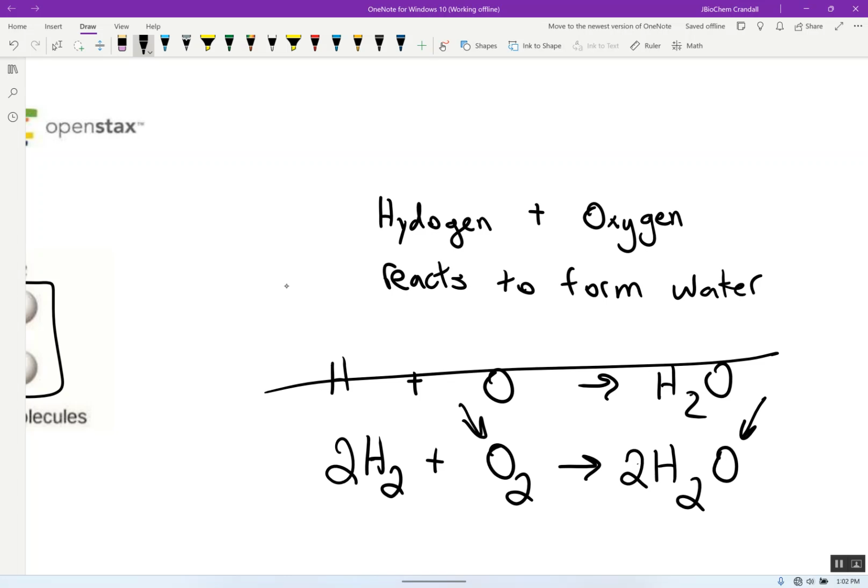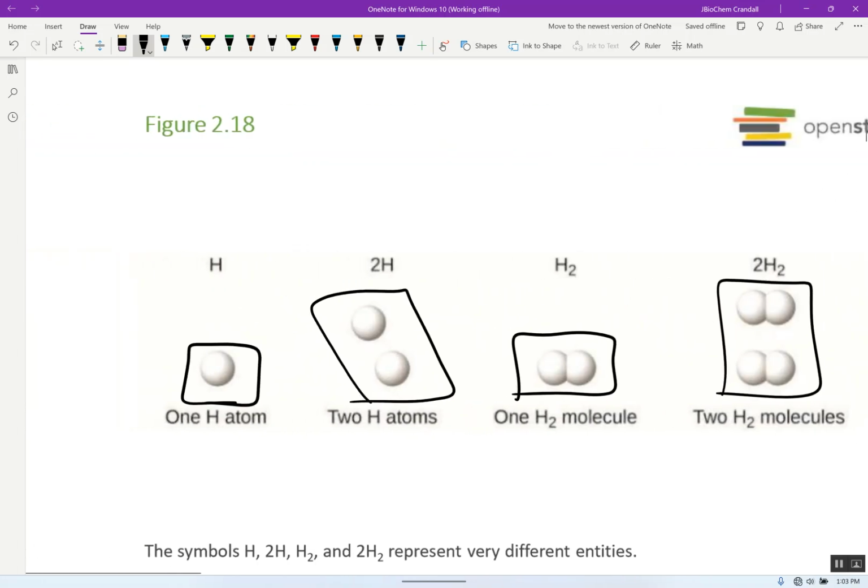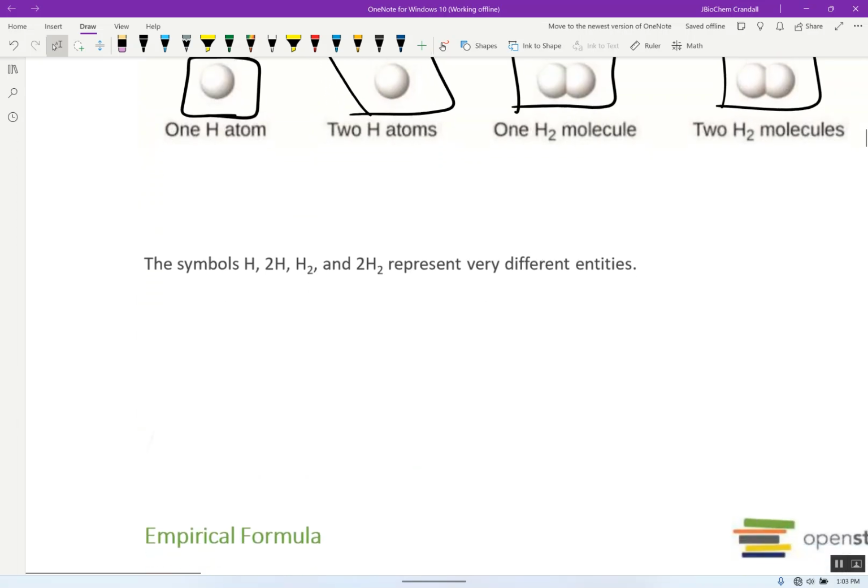So I have 2 hydrogen molecules. 1 oxygen molecule will form 2 water molecules. Okay, so that would be the nomenclature I would use when I'm trying to describe this. So if hydrogen and oxygen react, I don't write this. That's incorrect, because that is not how hydrogen exists.